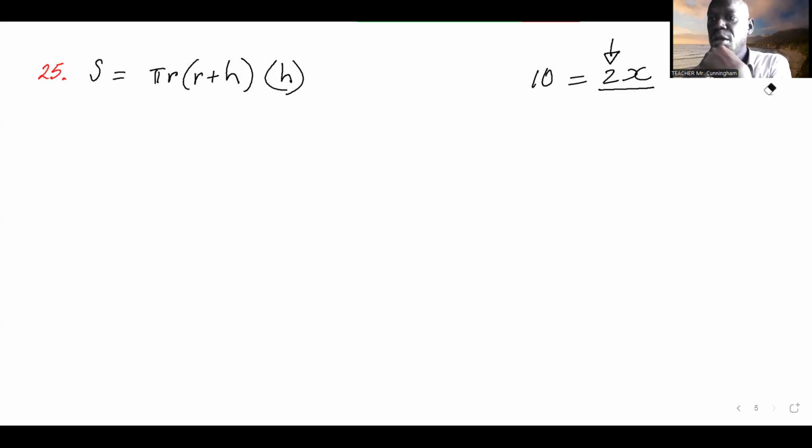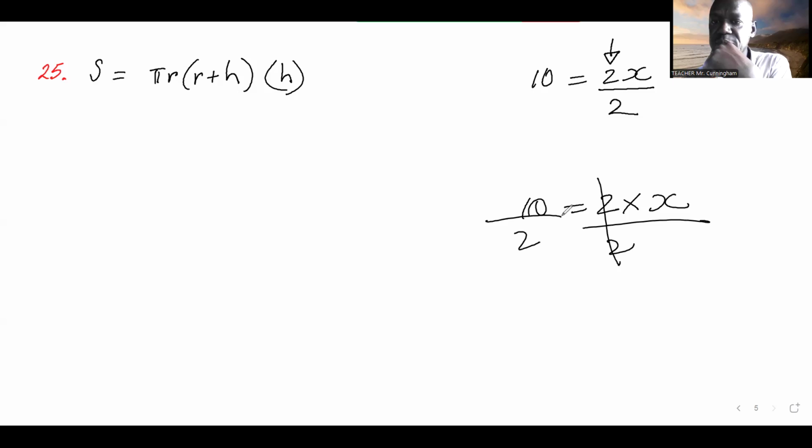So back to this. I'm dividing by 2 because this is really 2 times x. Whatever I do on one side, I do on the other. Now that we know that, let's go back to the question.